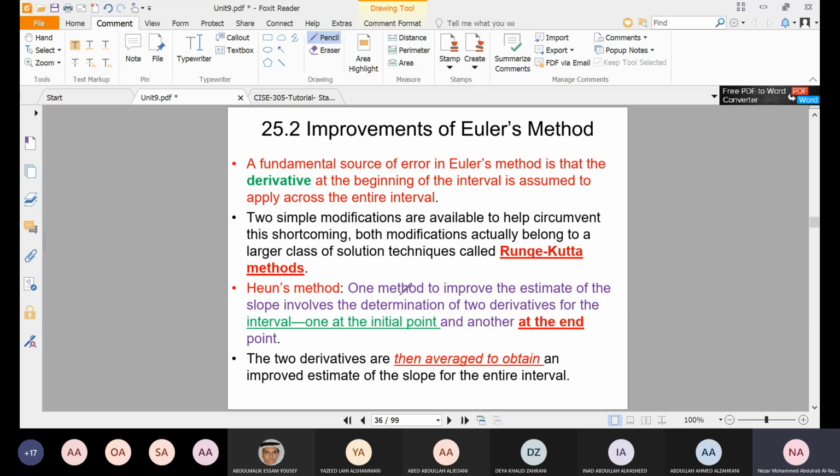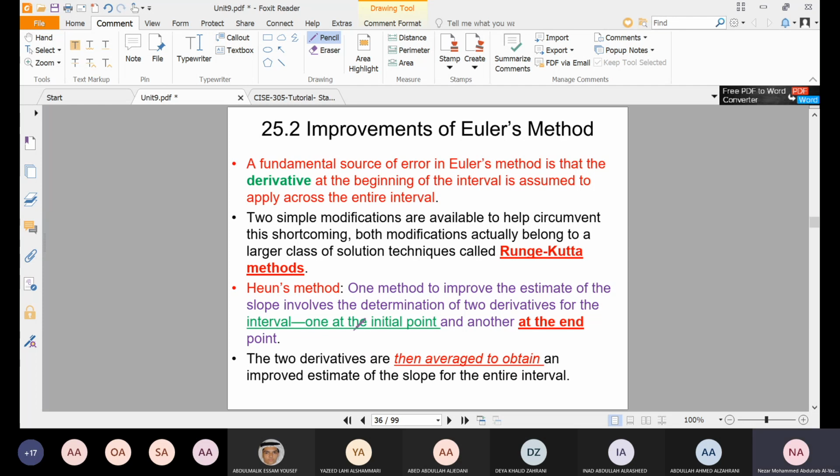So Heun's method is one method to improve the estimation of the slope. It uses two derivatives for the interval, one at the initial point and one at the endpoint that we estimate. And after that, these two derivatives, we take the average of them by using the trapezoid rule.